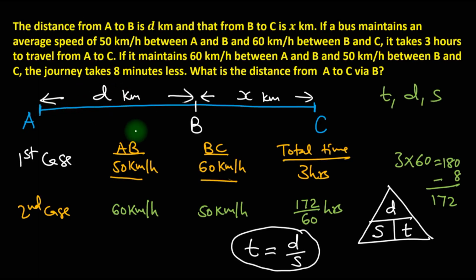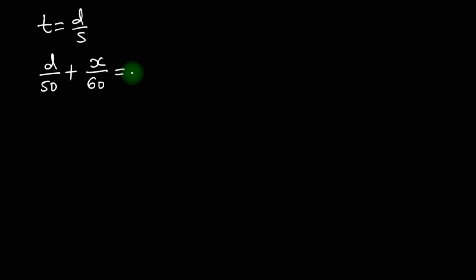It will give us a total time. So the time taken from A to B and B to C will give a total of 3 hours. So this will equate to 3.